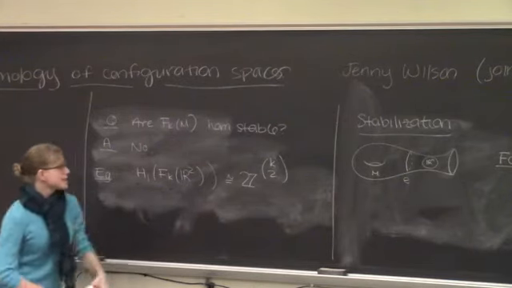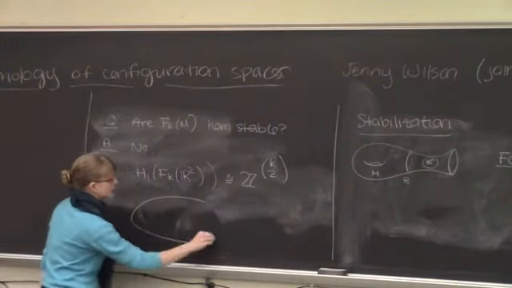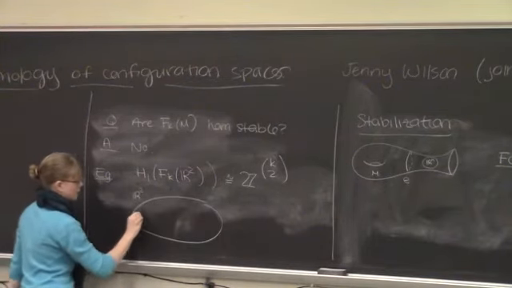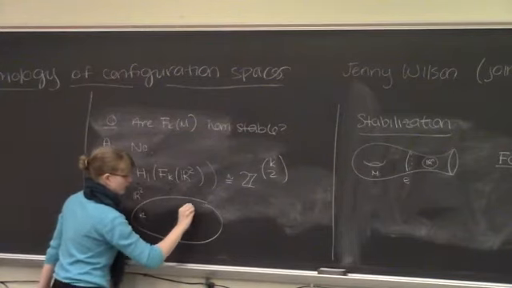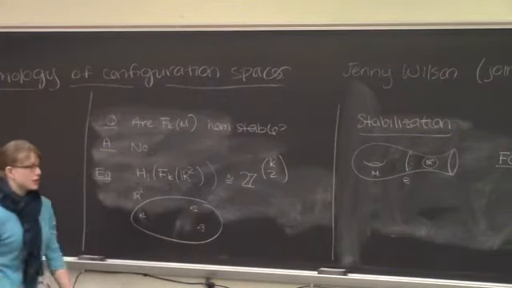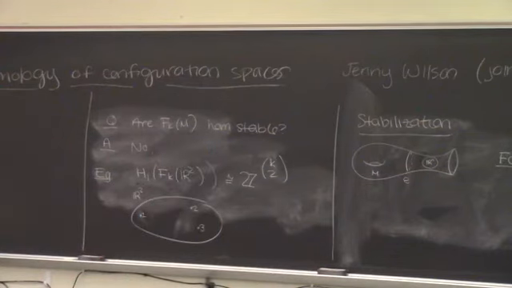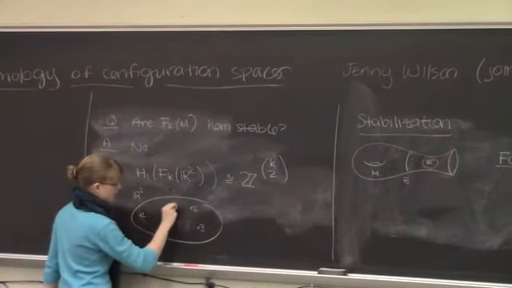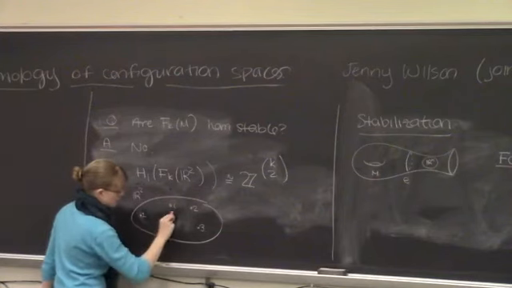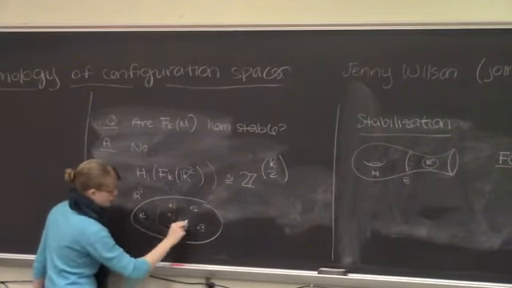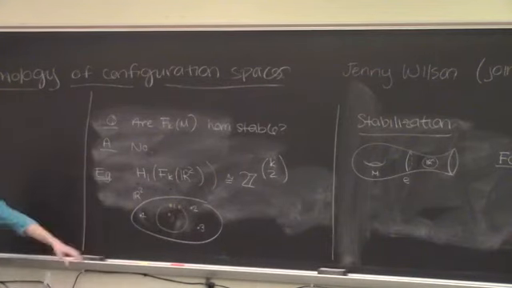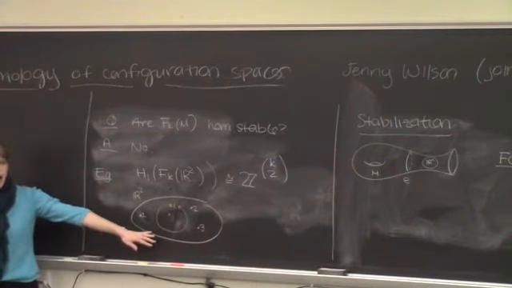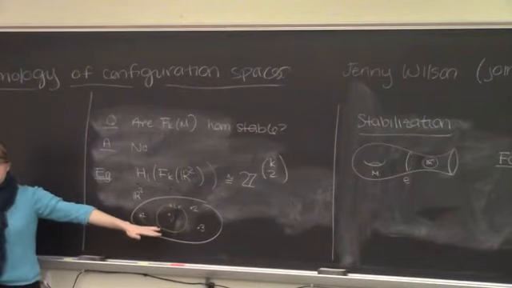But I can tell you exactly what these elements are. So if this is my plane, then for every choice of two particles, particle i and particle j, I can write down an element in homology by letting the particle labeled i run in a circle, say counterclockwise, around the particle labeled j.